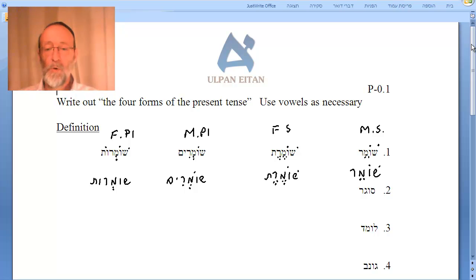If we go to number 2, we're to follow this pattern perfectly. And we follow it by writing down soger. And I'm putting the vowels because if that helps me, then that's what I do. And the second one is sogeret.